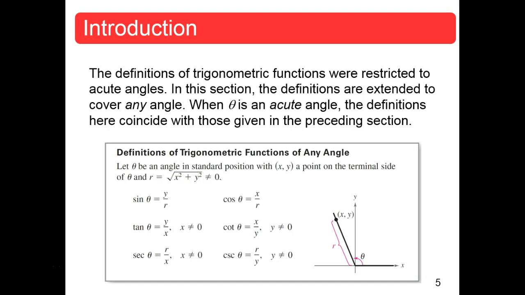So in the others we did, r is instead of h, y is instead of o, and x is instead of a, because x is the adjacent side, y is the opposite side. If you draw a little triangle here, wherever you want to call it, this is your hypotenuse.